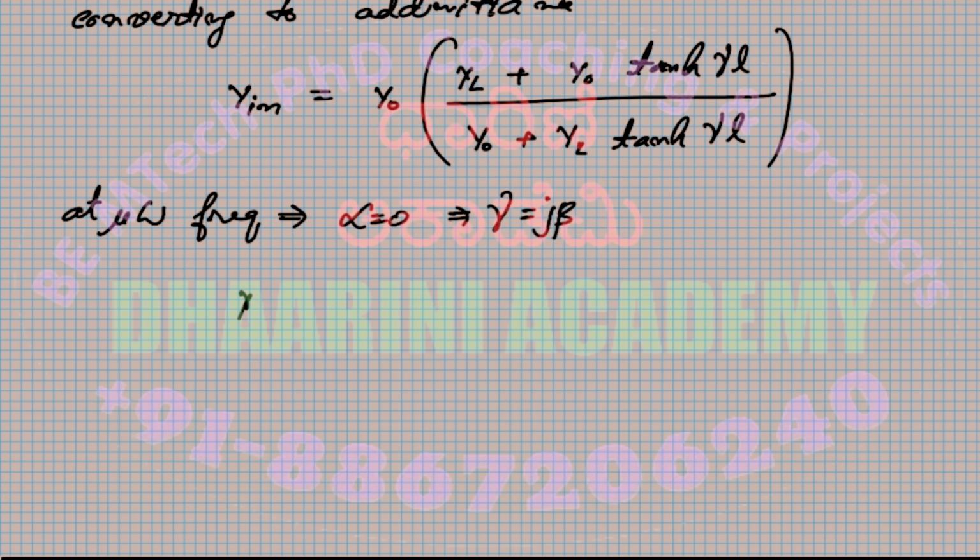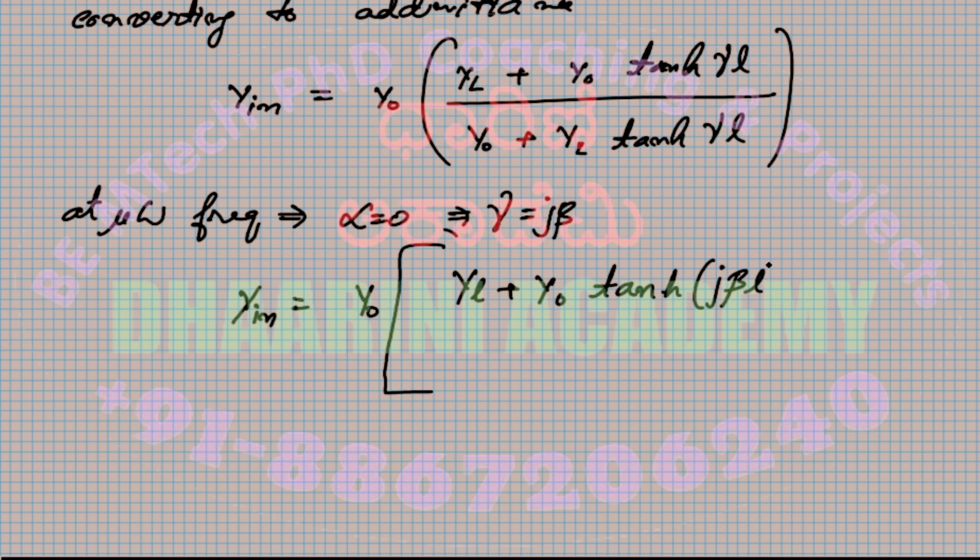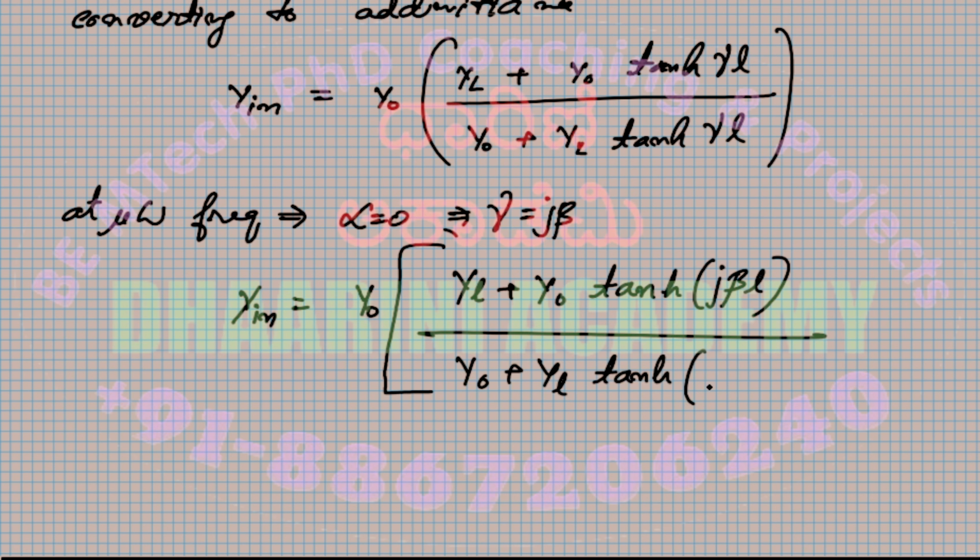Okay, so this makes Y in equal to Y naught into (YL plus Y naught tanh of j beta l) all divided by (Y naught plus YL tanh j beta l).